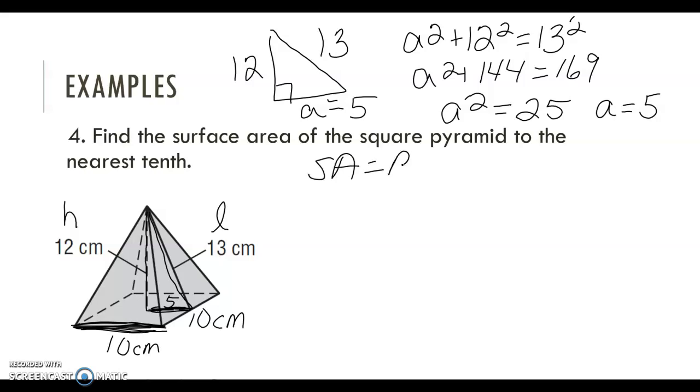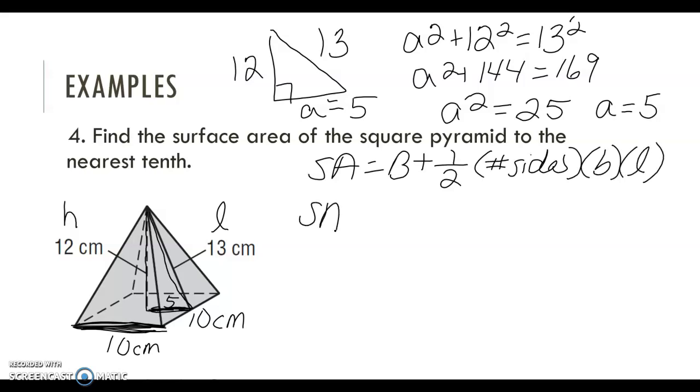So surface area is base area, 1/2 number of sides times the base times the slant height. So base area, 10 squared for that square, plus 1/2, 4 sides.